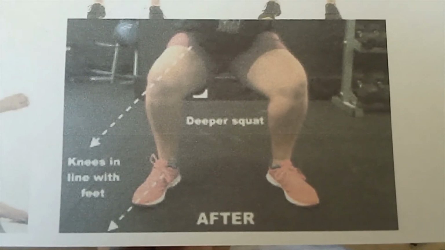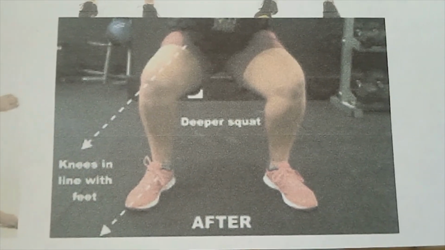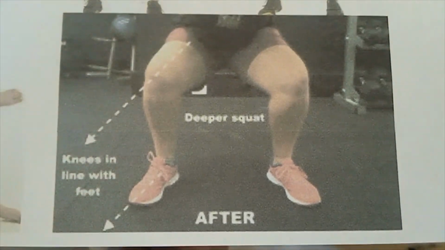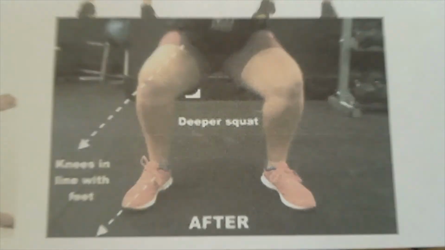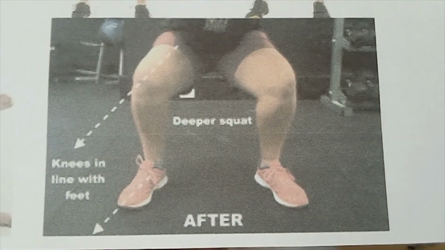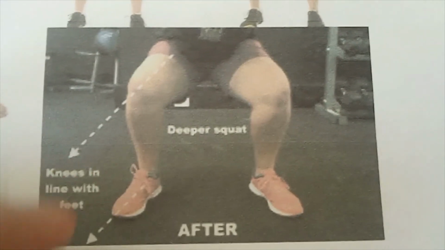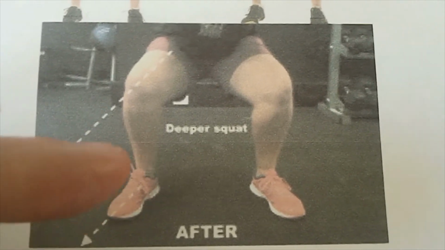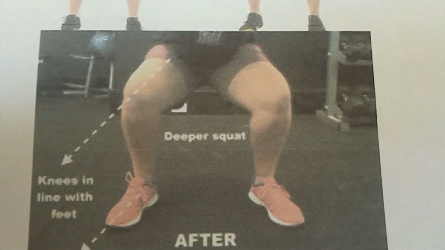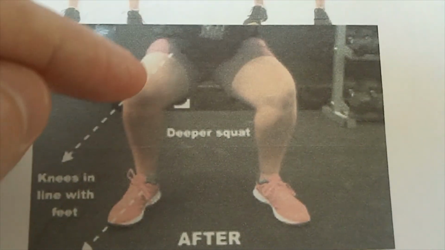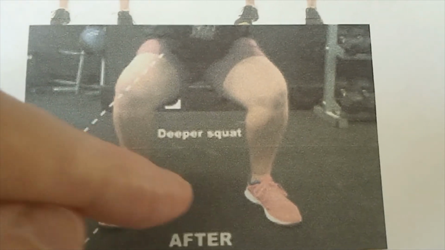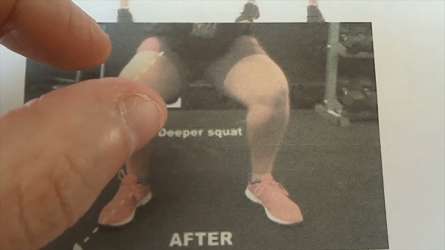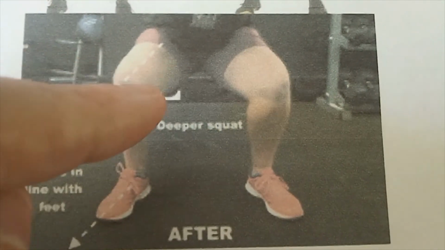But hopefully, if you have massage treatment to address the tight muscles and the weak muscles, and if you can work on your squats the way that I'm going to show you, then even if the feet are pointing outwards slightly, you should still be able to get the knee in line with the feet, because you're not going to have that tightness in the adductor muscles down the inner thigh.